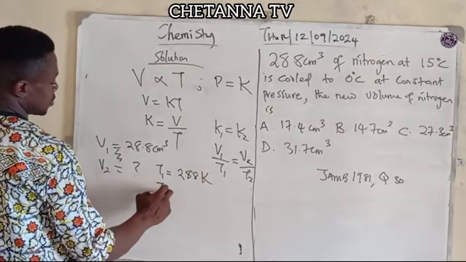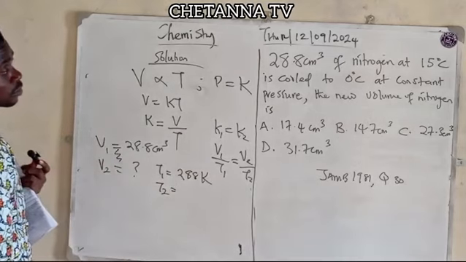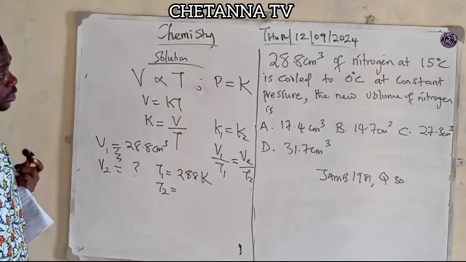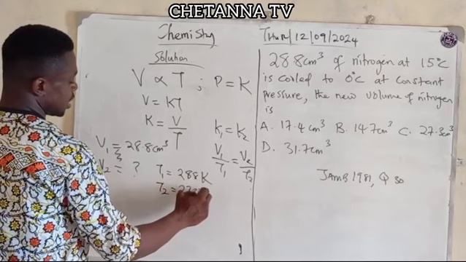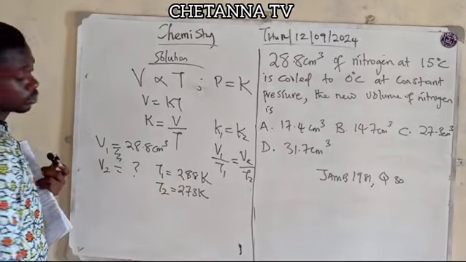T2 is 0 plus 273, it becomes 273 Kelvin. So we are good to go.